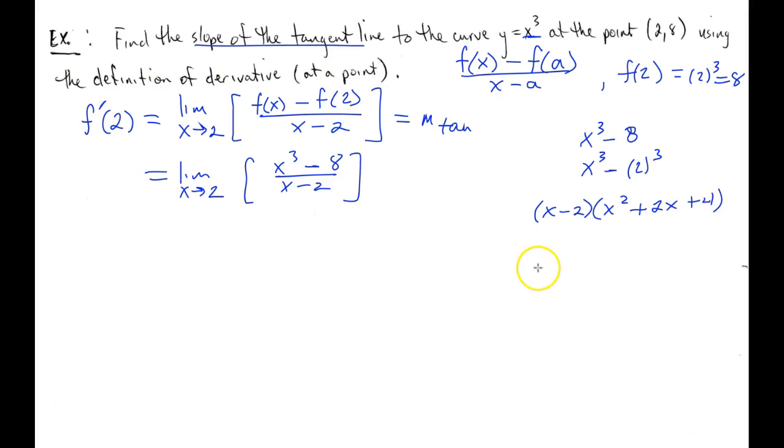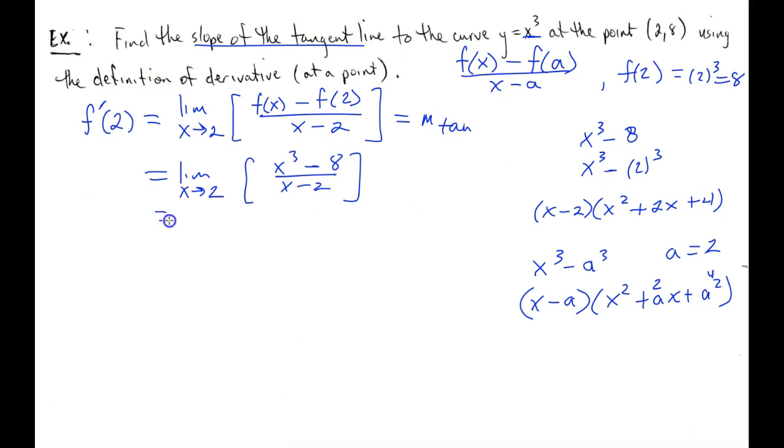And how we get that is we know that x cubed minus a cubed in general is x minus a times x squared plus ax plus a squared. And of course, if our a is equal to 2, then that's why 2 goes here, and 2 squared, that's why 4 goes there.